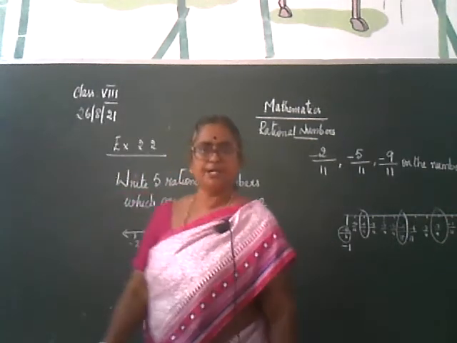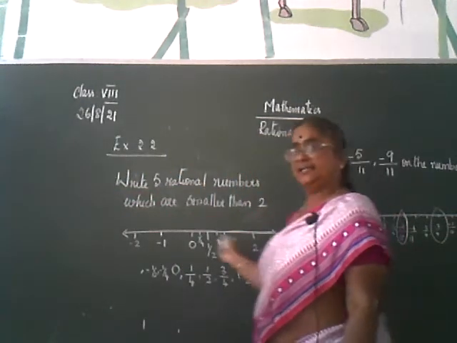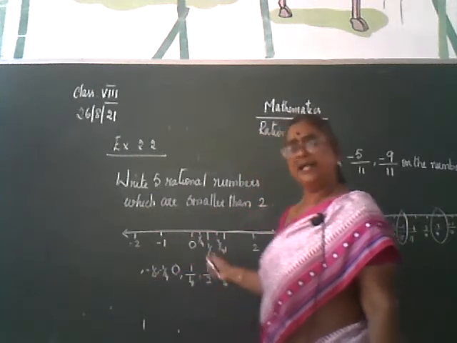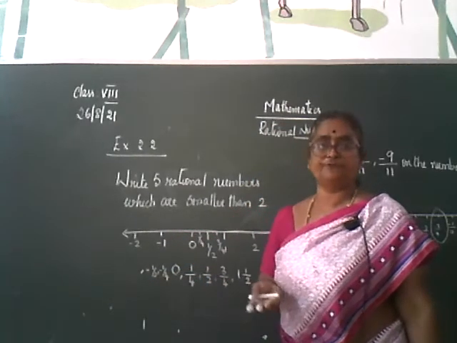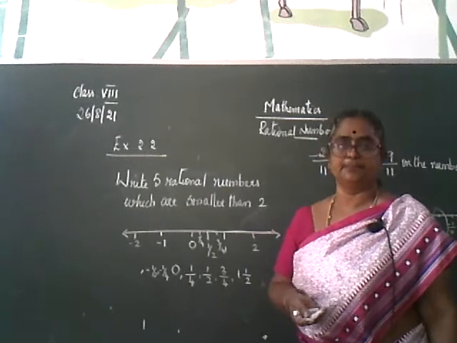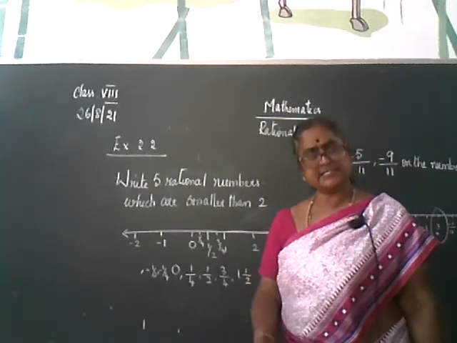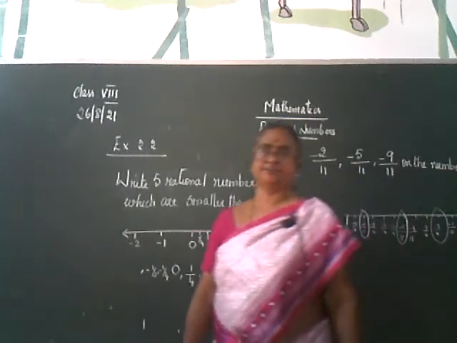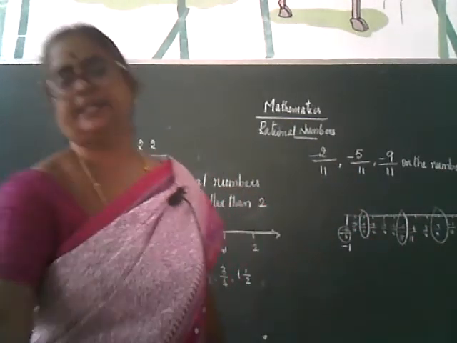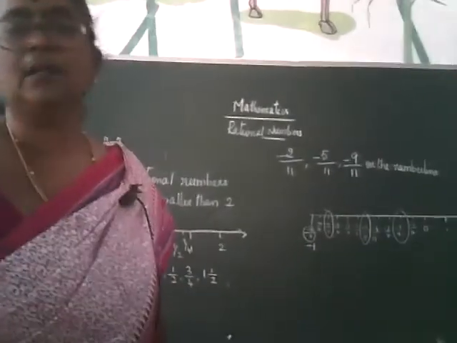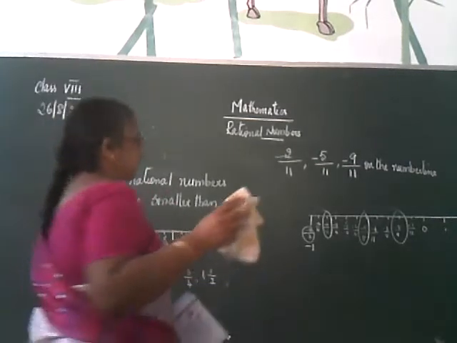Okay? Understood? So by drawing the number line, you can write an infinite number of rational numbers less than 2. So whichever is easy, that you can write. Okay? Understood? Yes. Let me move on to the next one.